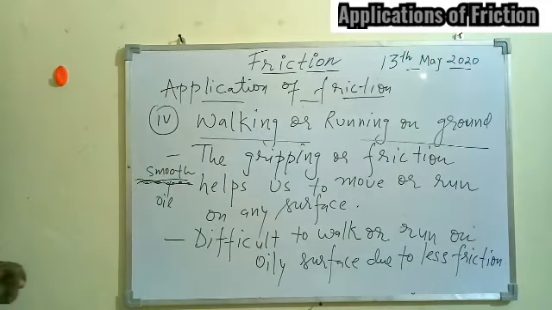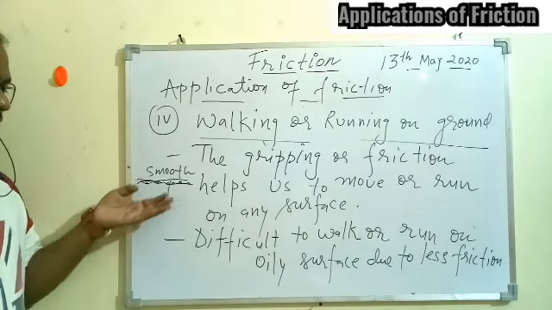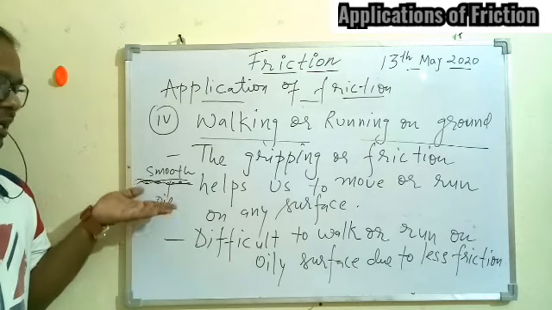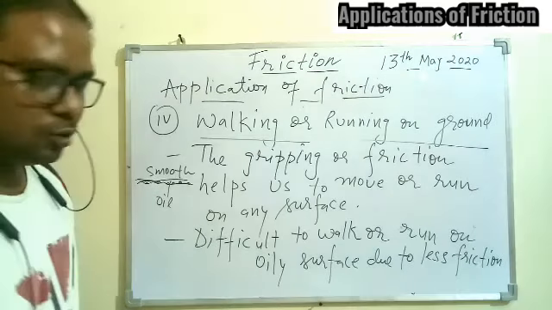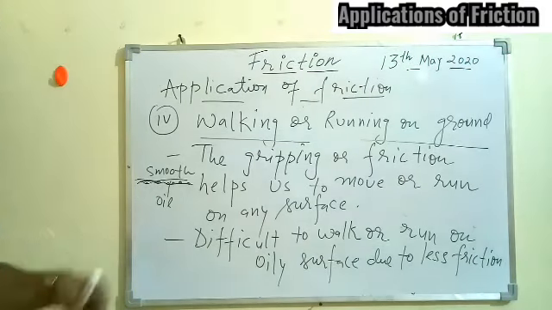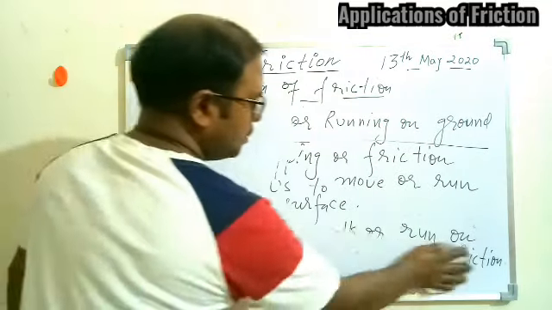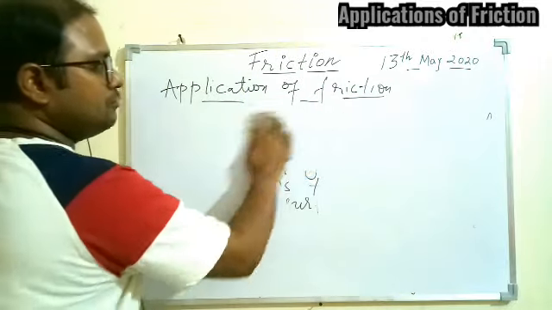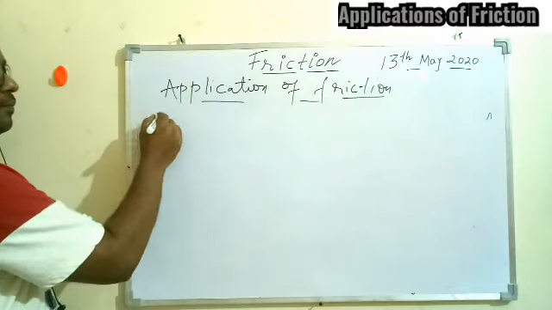So oil or the water basically fill the irregularities of the ground or the surface, and then it becomes very smooth, means friction will become less, because we know less irregularities, less interlocking, and less will be the friction. So that is how friction is really important in the real life. Otherwise most of the work that we do will be difficult task for us, and many of them will not be done also. Okay, so I hope this is done.